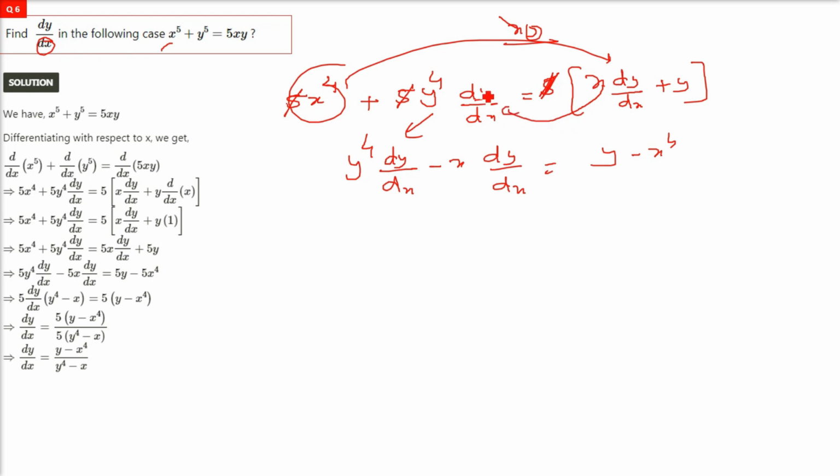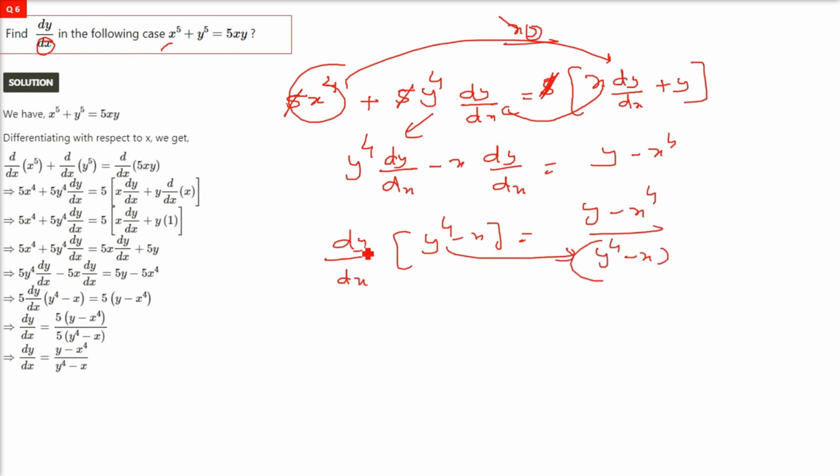I am just changing the positions so that I get dy by dx here. Now taking common, y to the power 4 minus x equals y minus x to the power 4. Now bring it down, it will be y minus x to the power 4 divided by y to the power 4 minus x. So this is your final result. Alright.